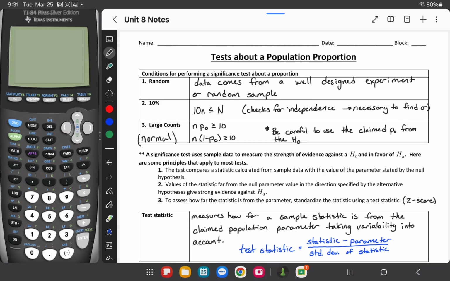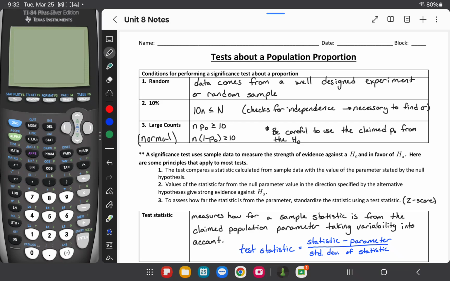Number two, when we have statistics that are really far away from our null hypothesis value, we have stronger evidence against our null hypothesis. And last but not least, to assess how far it is, we're going to standardize our statistic using what's called a test statistic. In parentheses, I've mentioned that is what we would refer to as a z-score.